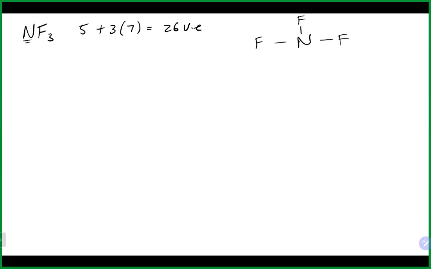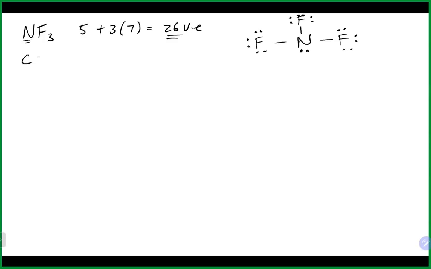That is 2, 4, 6 electrons. So we're going to put everybody on the outside, 2, 4, 6, 8, 10, 12, 14, 16, and we'll imagine there's 2 up there on top of it, which will be our 18. So that's a grand total of 24 electrons that have been put on here. We still have 2 more to go.